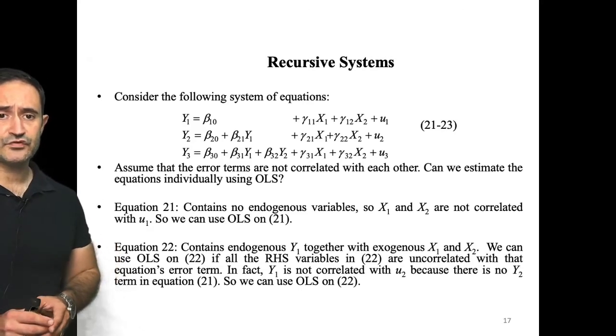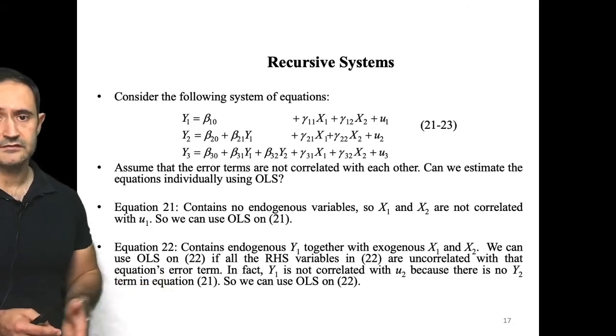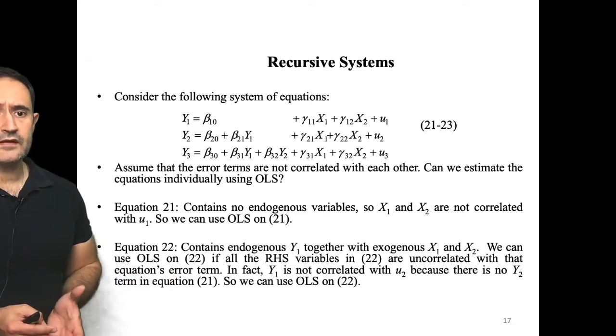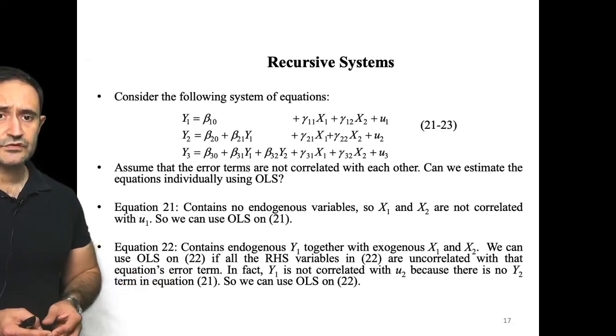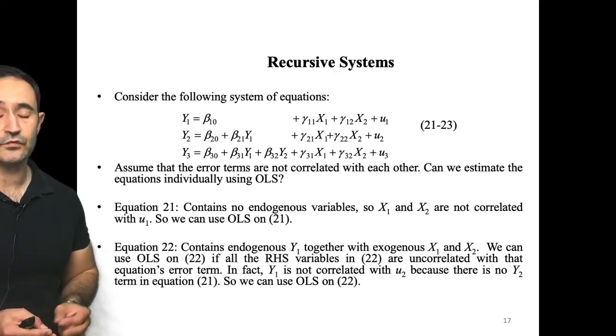The second one, equation 22, contains endogenous y1 together with exogenous x1 and x2. So we can use OLS on 22 if all the right hand side variables in 22 are uncorrelated with that equation's error term. So if y1, x1 and x2 are not correlated with u2, which is the error term.